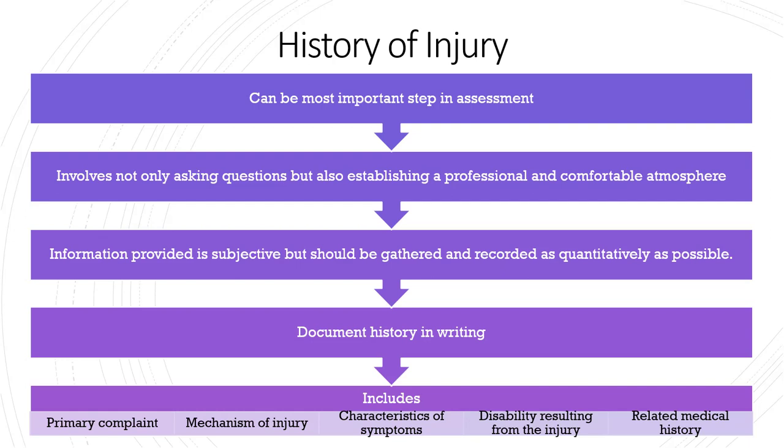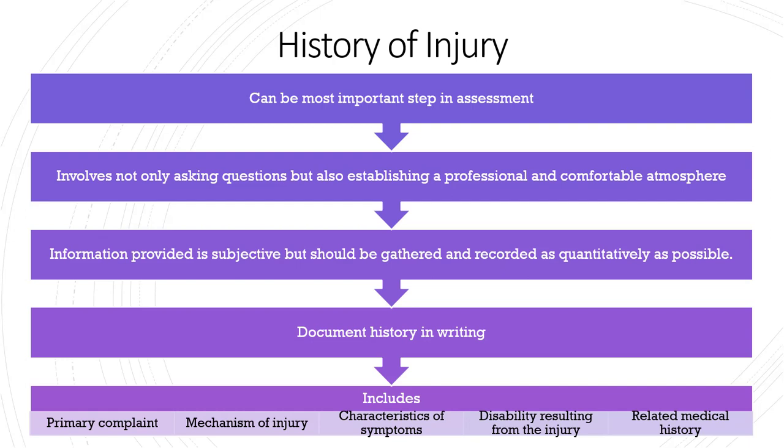Documenting the history involves asking appropriate questions and also requires establishing a professional and comfortable atmosphere with your patient. There are potential obstacles sometimes in taking a history, including sociocultural dynamics between the patient and the clinician, which may hinder communication.